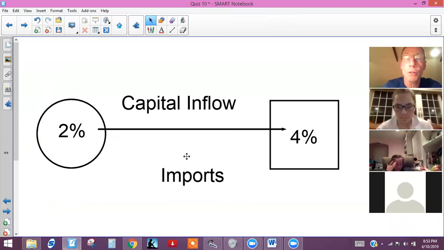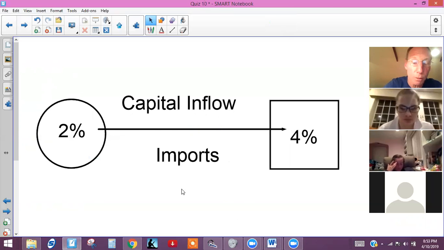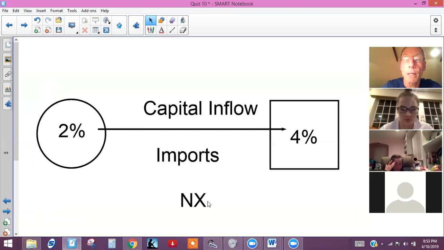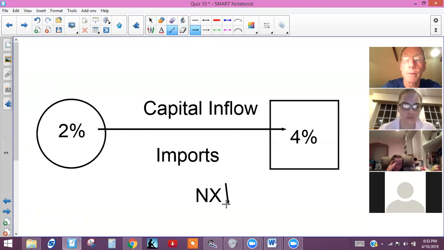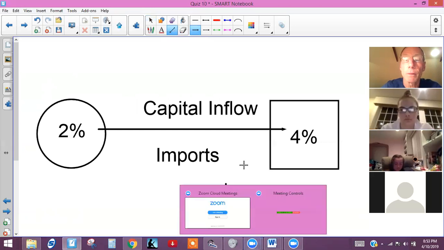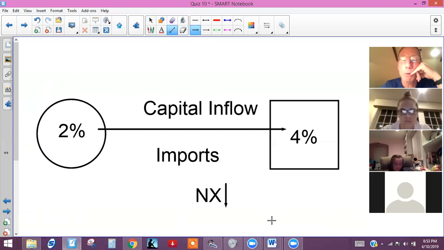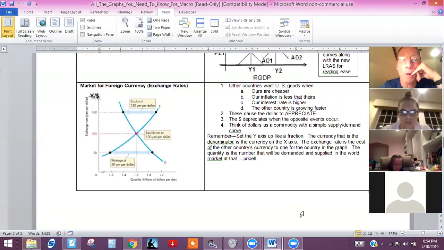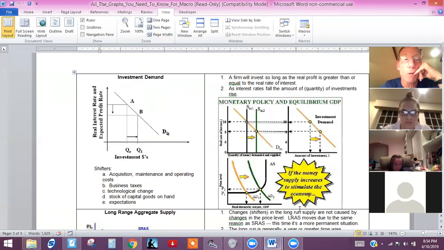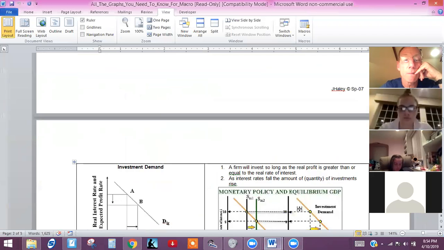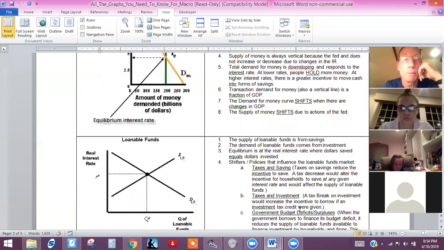So if imports are going up, it means net exports are going down, right? So if net exports are going down, what I'm trying to get at is, is there a graph that shows why interest rates go down? That would help you.